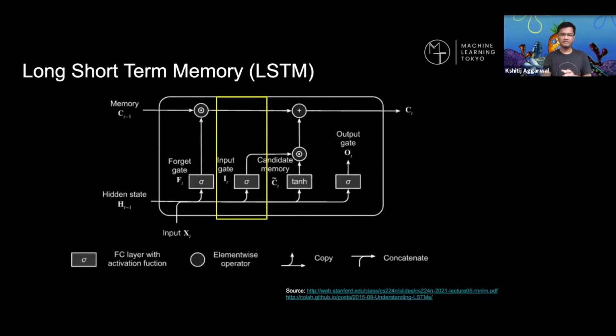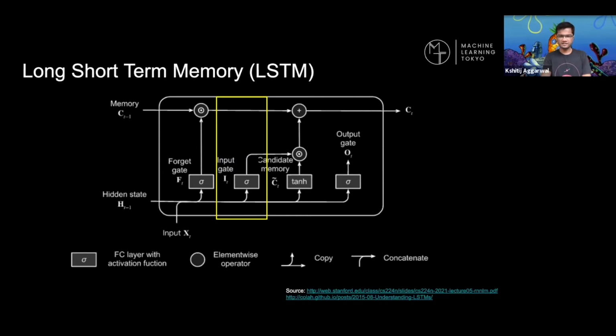So we have a candidate memory at time t-1. The forget gate decides which parts of the candidate memory to forget. And this tanh step calculates a new candidate memory, this intermediate candidate memory. The input gate decides how much of this intermediate candidate memory to use to calculate the final candidate memory.